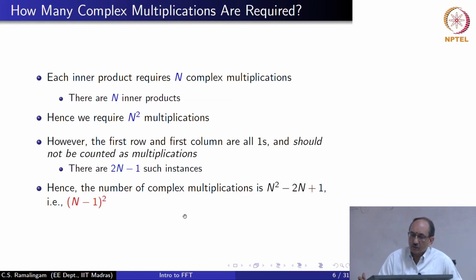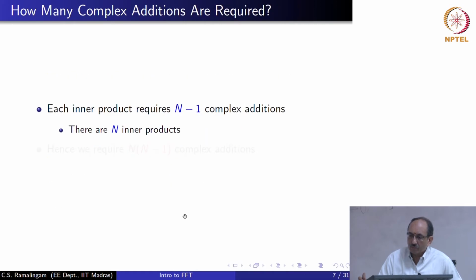So, this is the estimate of the complex multiplications involved, and each inner product requires N minus 1 complex additions, and there are N such inner products, and hence we require N times N minus 1 complex additions. So, we have N minus 1 squared complex multiplications and N times N minus 1 complex additions. This is the operation count.